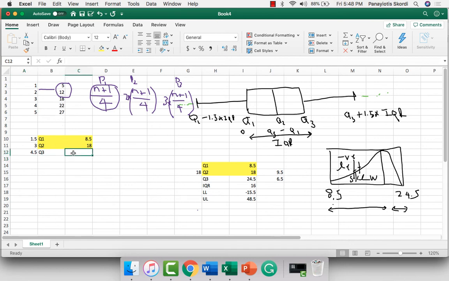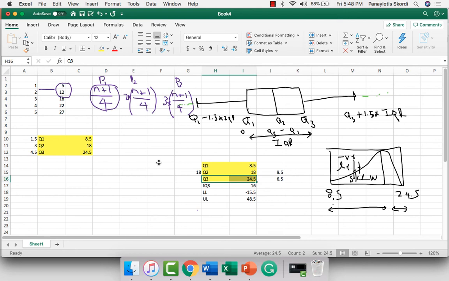So let's average out the 22 and the 27. 22 plus 27 divided by 2 gives us 24.5. And again, that's the same Q3 we have over here. So basically, Excel would have done the work for us, but if you're wondering how you actually would have got them by more manual calculation, that's how you'd have done them.